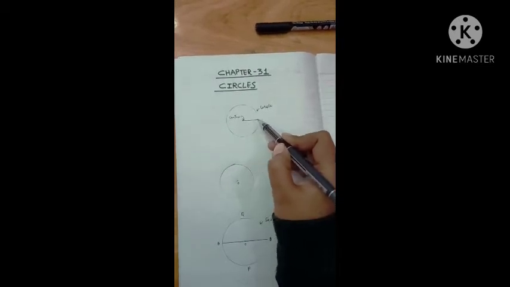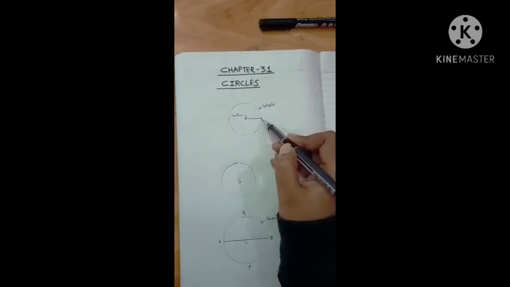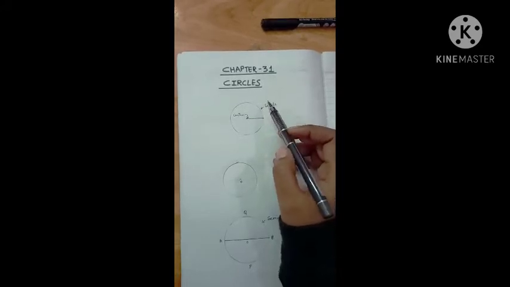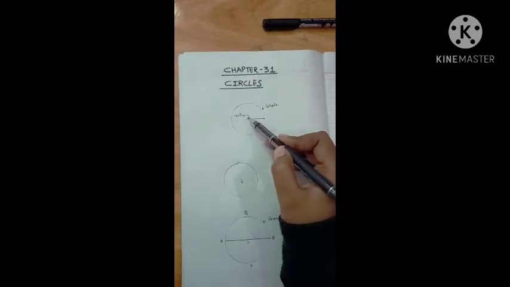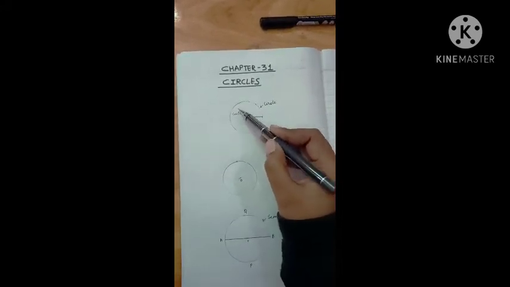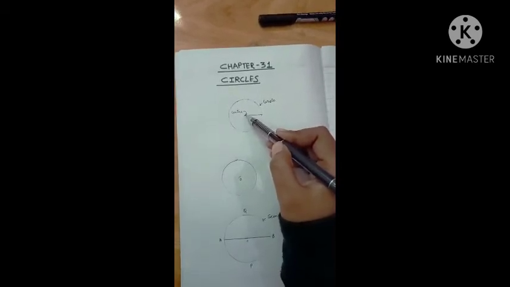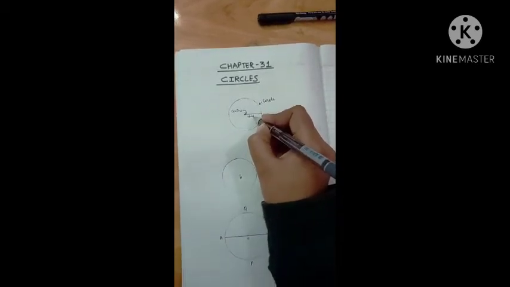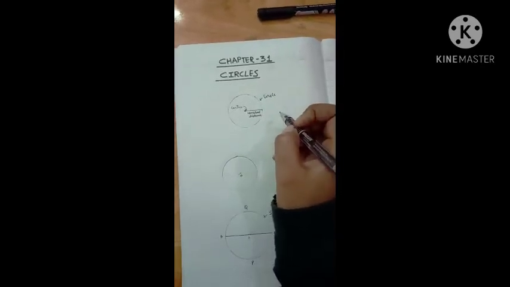In a circle, all the points are at a constant distance from a fixed point, and that fixed point is called the center of the circle. So this is the center and this is the constant distance. So this is the definition of the circle.